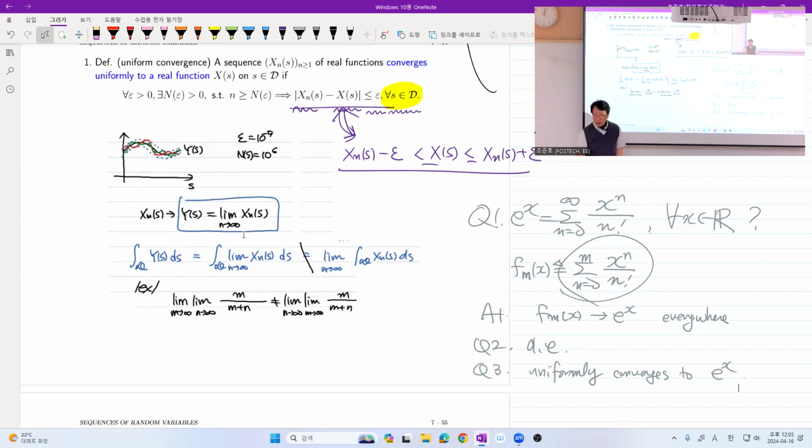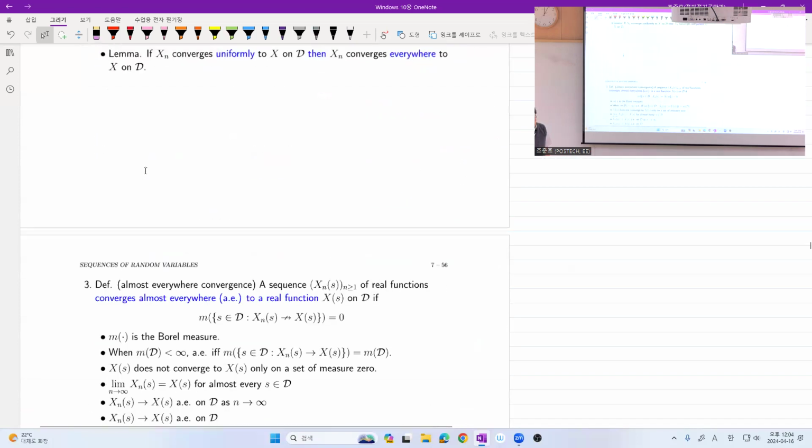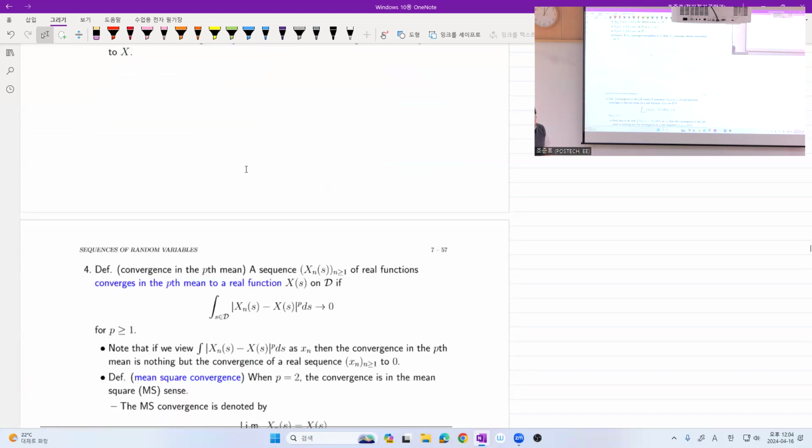So uniform convergence implies everywhere convergence, and everywhere convergence implies almost everywhere convergence. So we have 3 definitions: uniform convergence, everywhere convergence, and almost everywhere convergence. Got it? So far, so good. Okay.